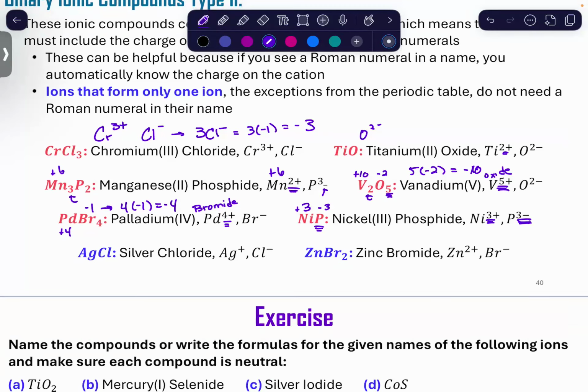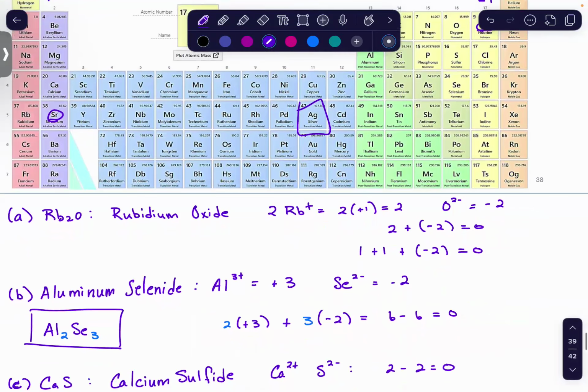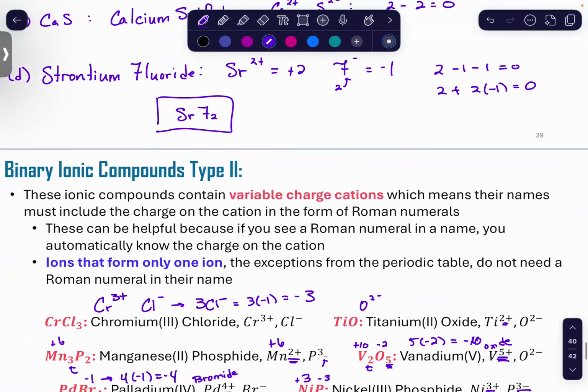And then, of course, I put these 2 at the bottom because here's where the change comes in when you have your exceptions. So silver, let's go back up and look. Silver is a transition metal. So you're tempted to talk about it as a variable charge ion, but it's not. Silver is one of your exceptions, and it's a common charge at a +1.